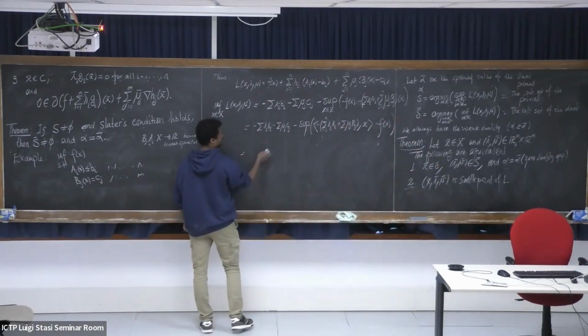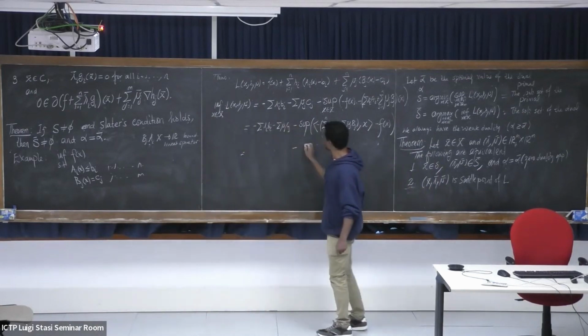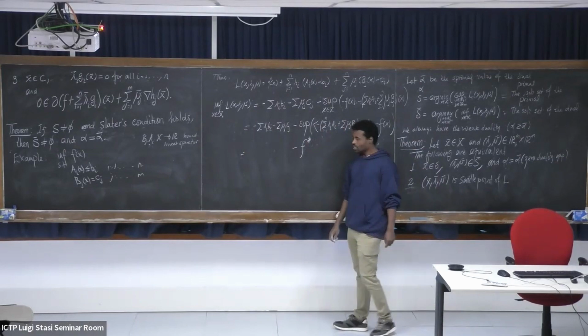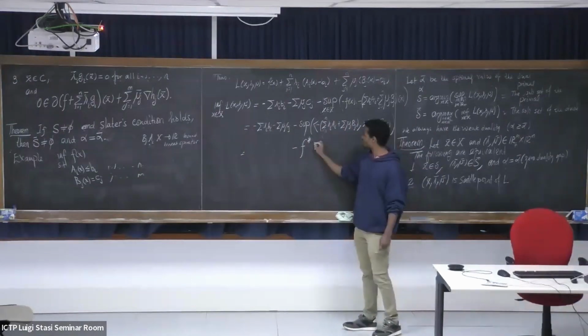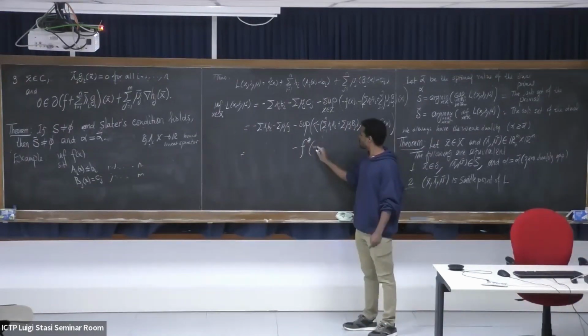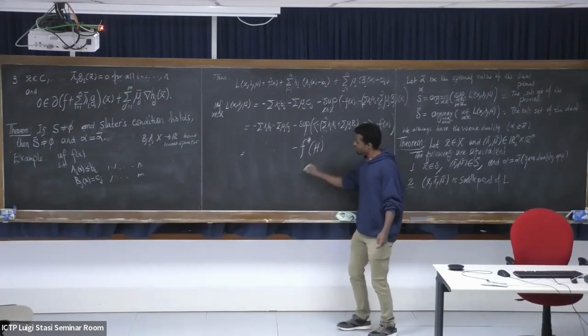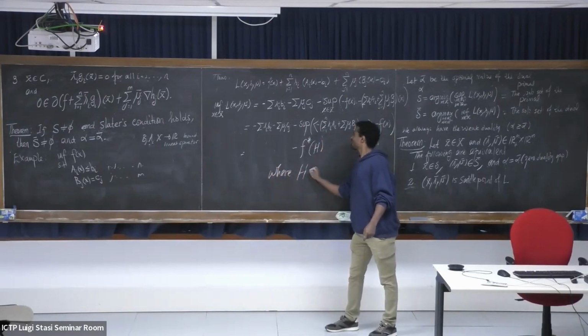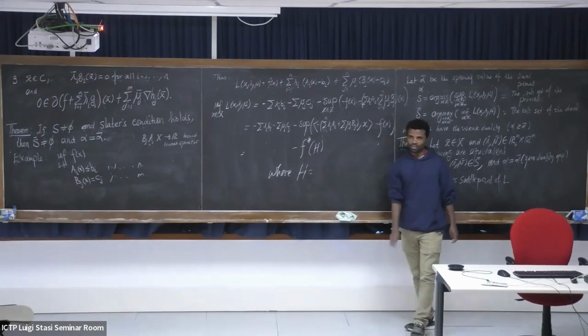So this is this minus this, the Fenchel conjugate of operator H, where H is this operator.